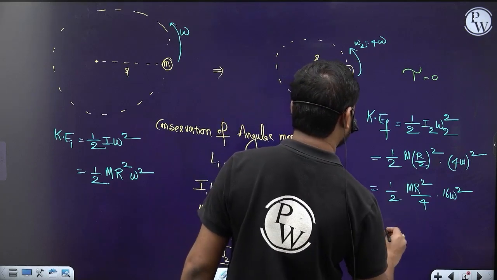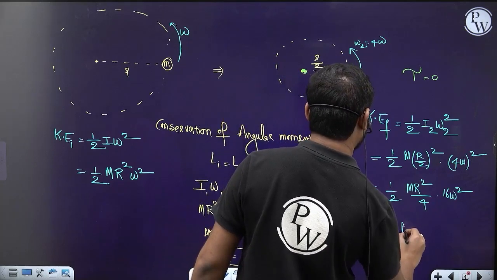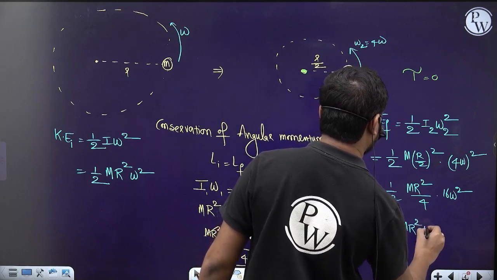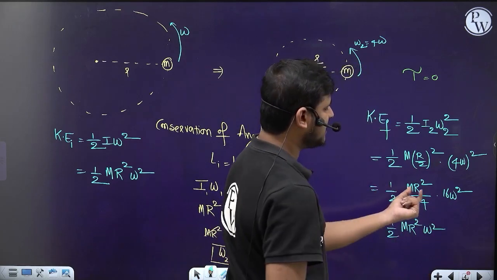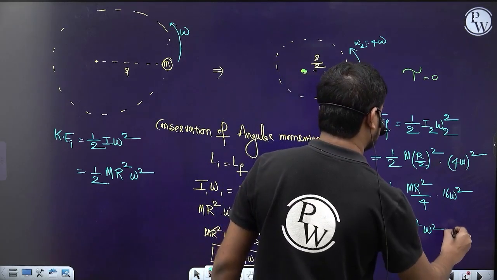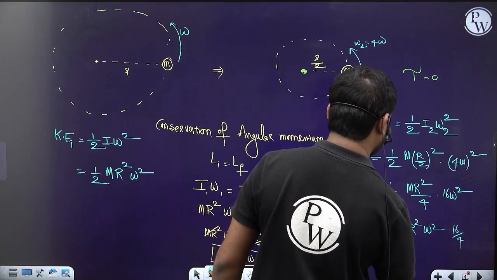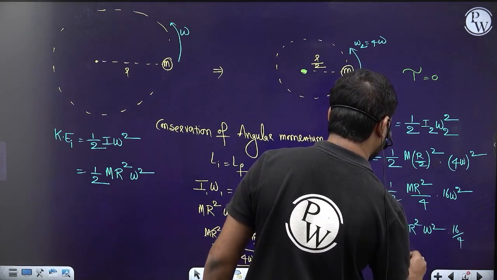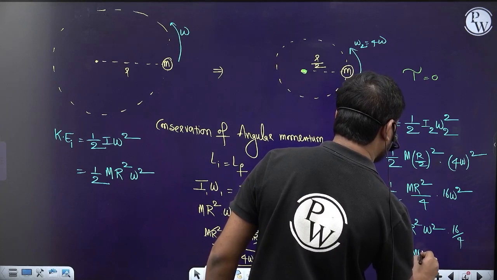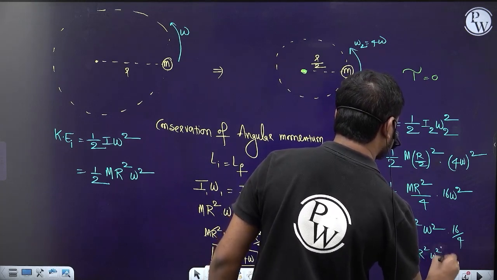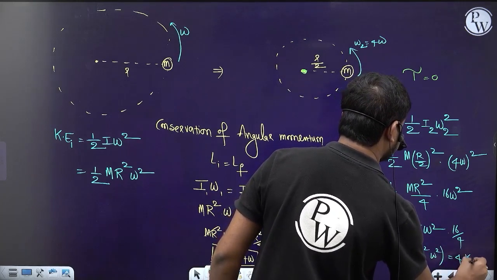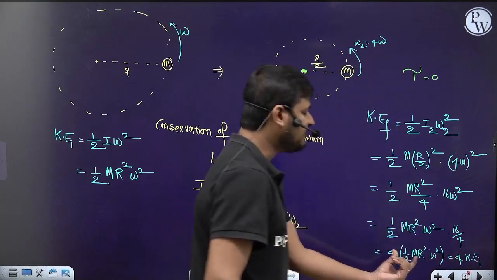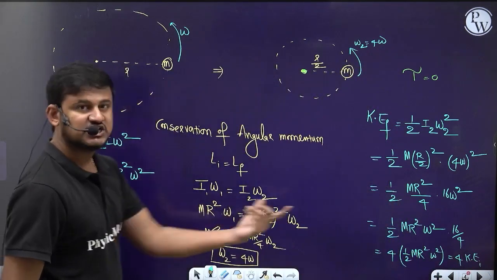So now let's do one thing. Let's write half m r square omega square, and then write 16 by 4 here. 16 by 4 is 4 times half m r square omega square. So this is nothing but 4 times the initial kinetic energy, since half m r square omega square is the initial kinetic energy.